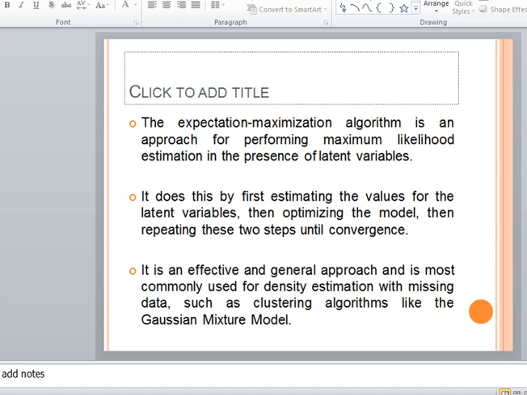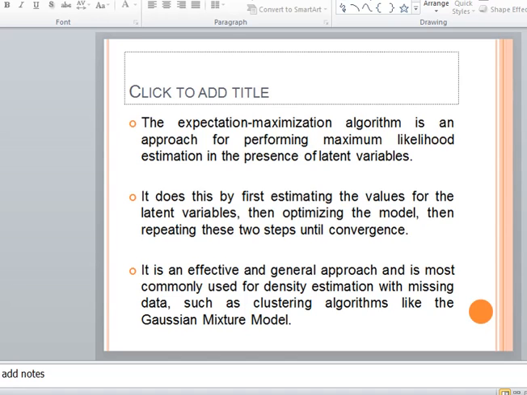The expectation maximization algorithm is an approach for performing maximum likelihood estimation in the presence of latent variables. So once we have latent variables present in our data set, the EM algorithm, or the expectation maximization algorithm, can be used as an approach to perform maximum likelihood estimation.